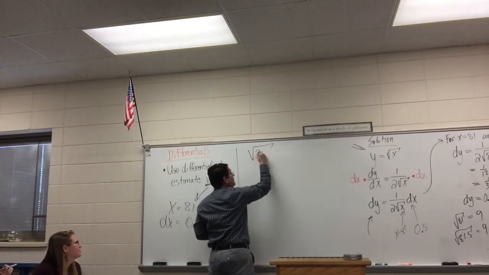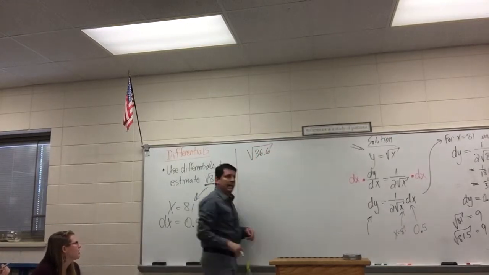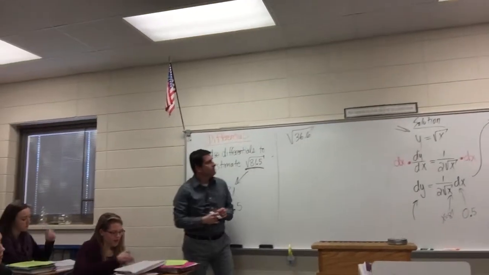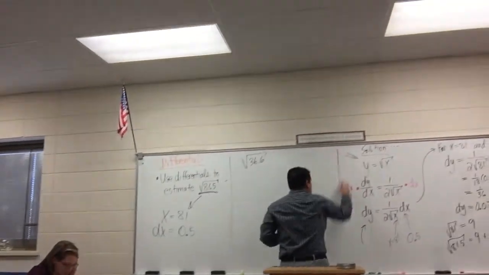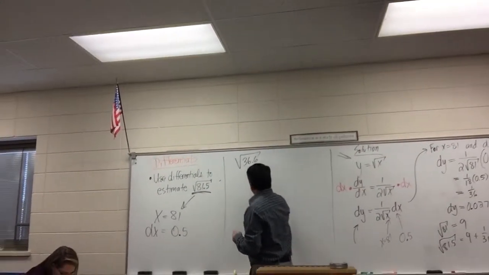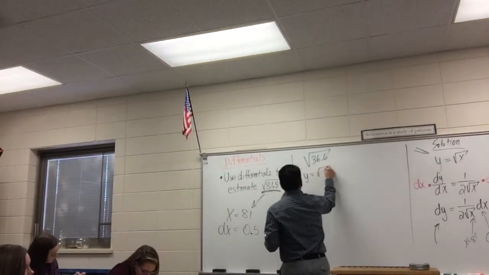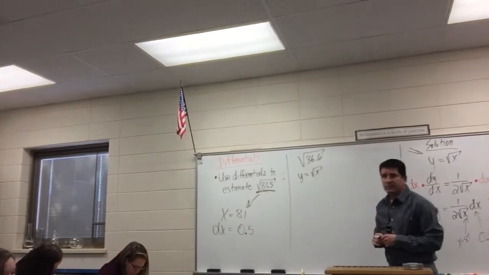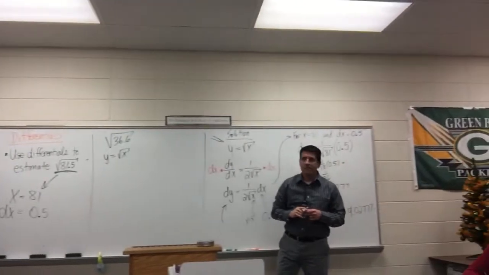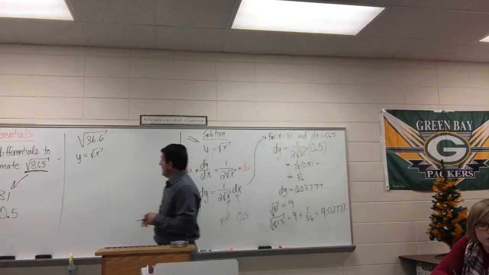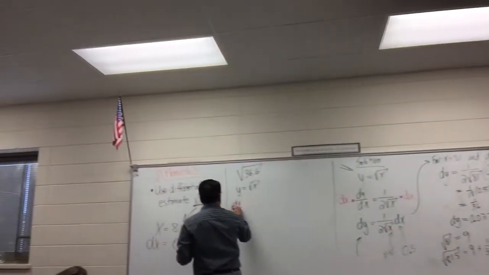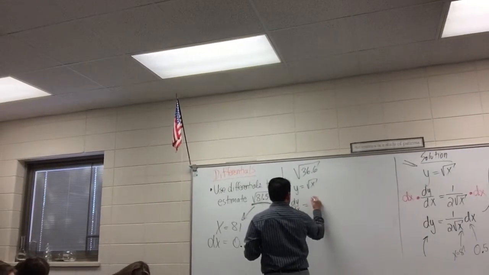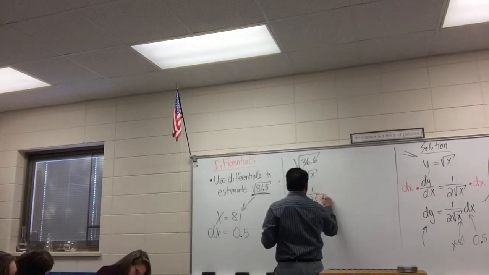Let's find the square root of 36.6. Same exact problem. So we know that we're still dealing with the square root of x function. The derivative is still 1 over 2 square roots of x.